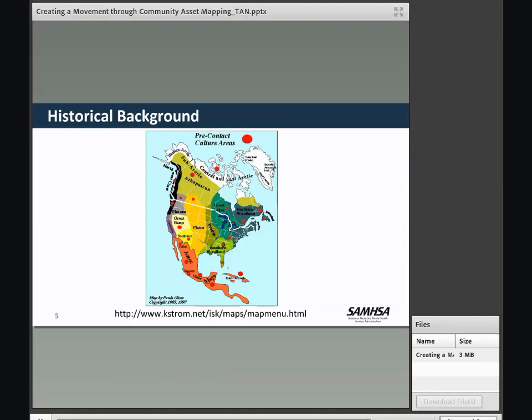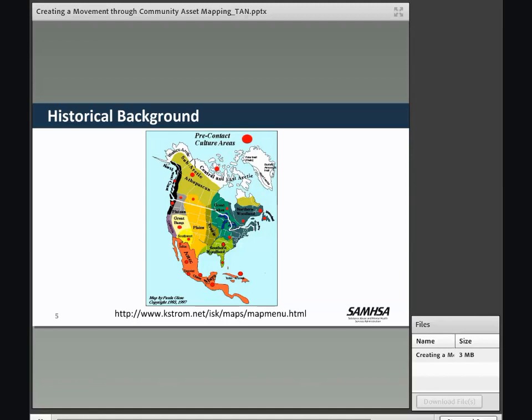She used the mapping to show how cultures are reflected in places. Many of our creation or origin stories are tied back to our land and our land base. Even if they weren't visual, they were oral. We had oral traditions and oral maps of our culture, our history, and our tradition.